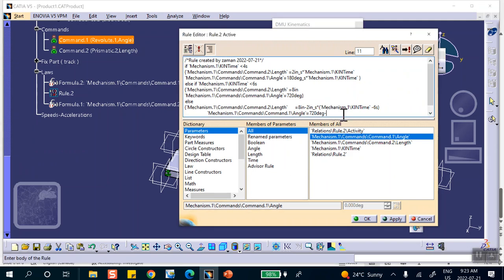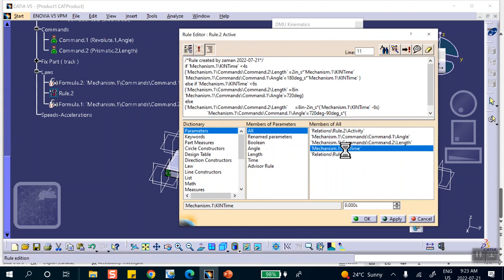So it's going to be 90 DEG underscore second times time minus 6 seconds.